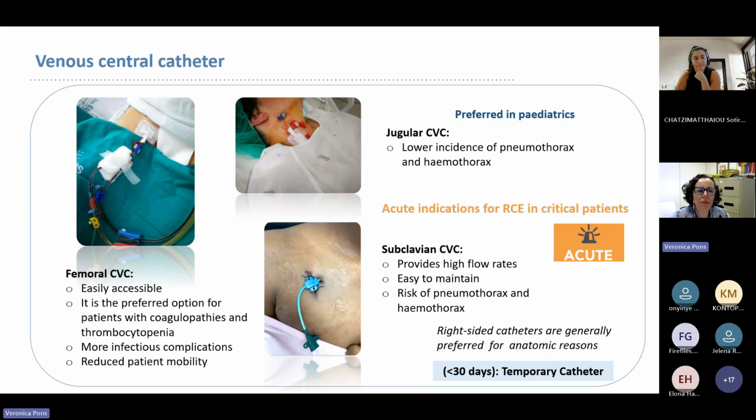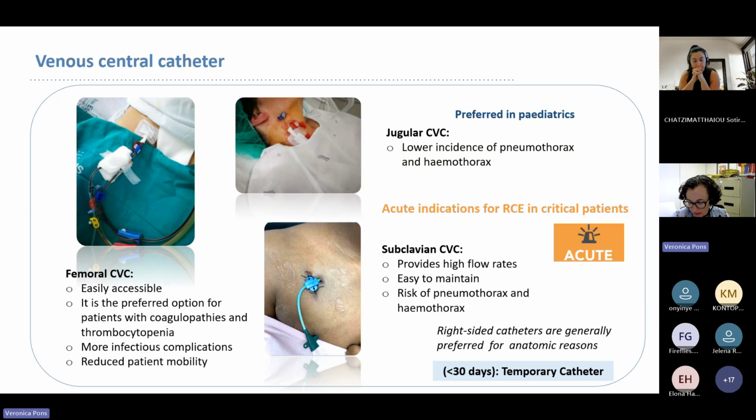Now we are going to talk about central venous catheters. As for temporary central venous catheters for acute processes, as you all know, femoral access is easily accessible. However, it has a higher thrombotic and infectious risk.